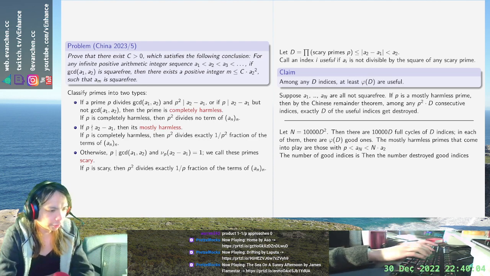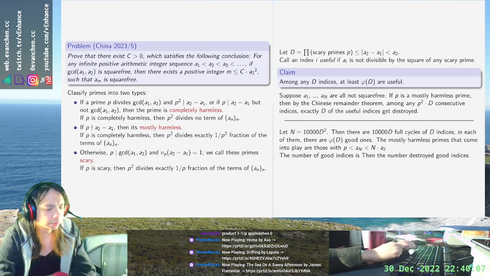Or sorry, p squared. So shit, I can't use d.